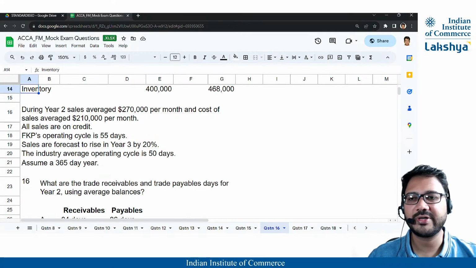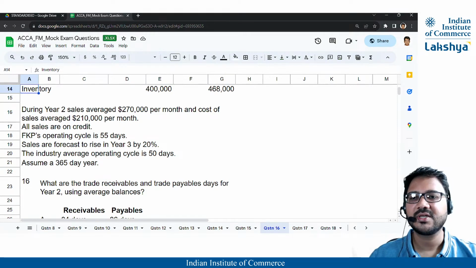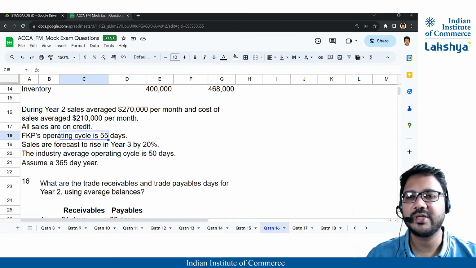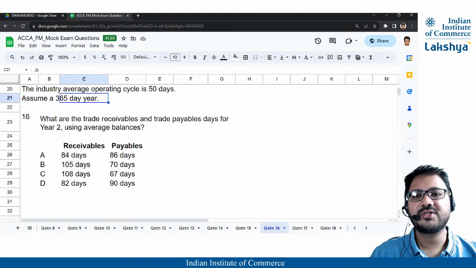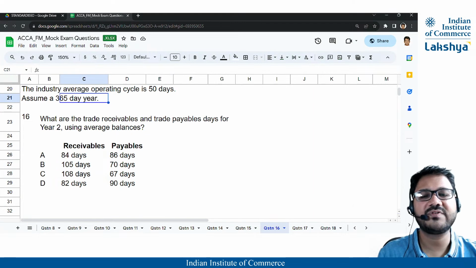All sales are on credit. FKP's operating cycle is 55 days. Sales are forecasted to rise in year 3 by 20%. The industry average operating cycle is 50 days. So we can see that this one is a little more than the industry average. Assume a 365 day year. What are trade receivables and trade payables days for year 2 using average balances?